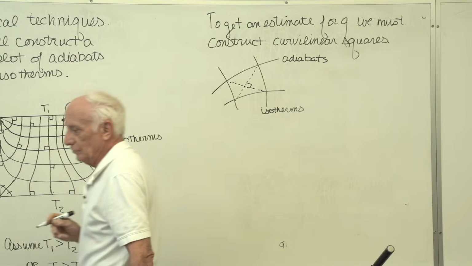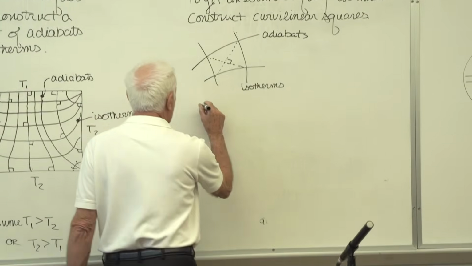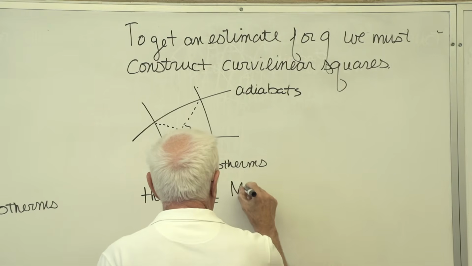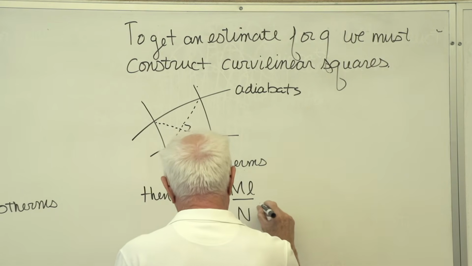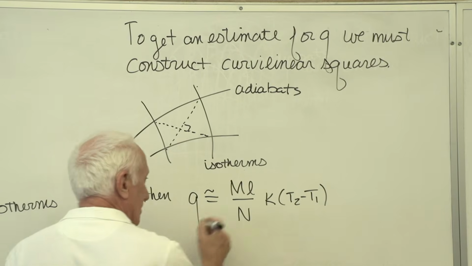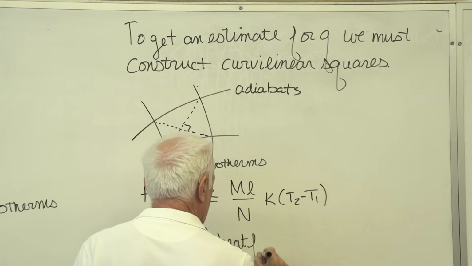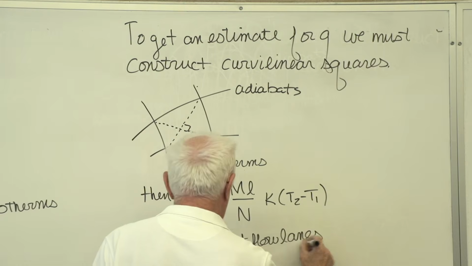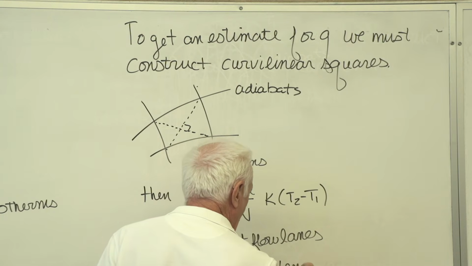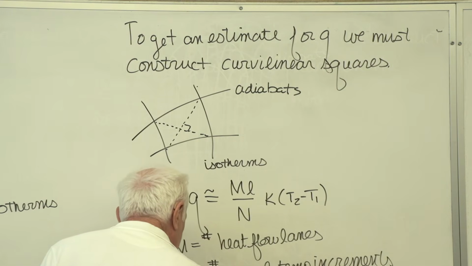If you do that, then we can get an estimate for Q. In this equation, M equals the number of heat flow lanes, N is the number of equal temperature increments, and L is the plate thickness.